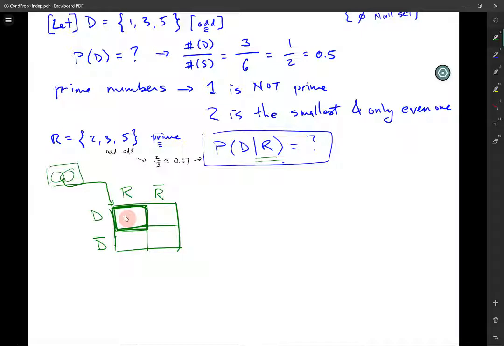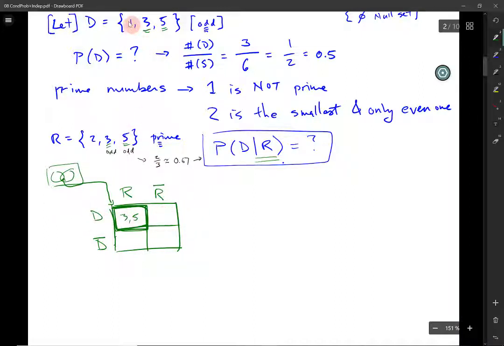So what's in the intersection? 3 and 5 are in the intersection. So you might say 3, 5. Then odd, 3, 5.